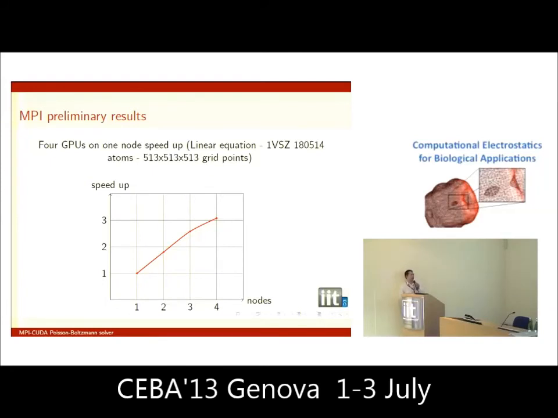That's very nice. We haven't tested many GPUs on many nodes, because basically the node we have doesn't have InfiniBand. And so in the tests we made, as soon as you started using another node, there was no gain, because the communication is essential.